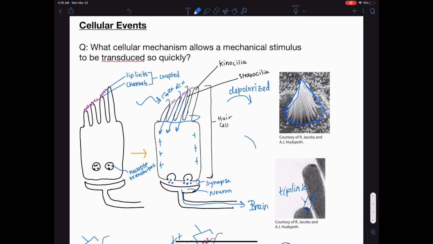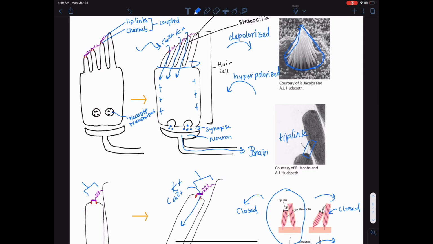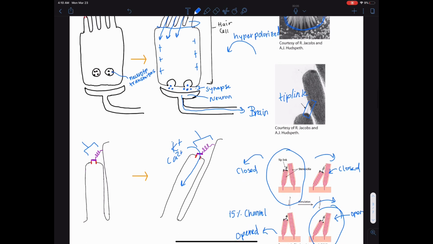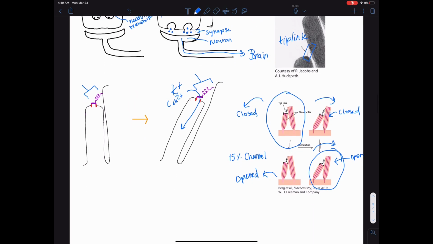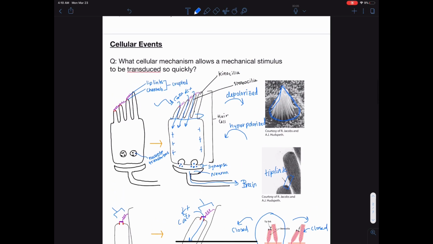When it goes the other way, it is hyperpolarized, meaning the charge is sustained within that cell and it becomes even more positive. That's another thing to consider.